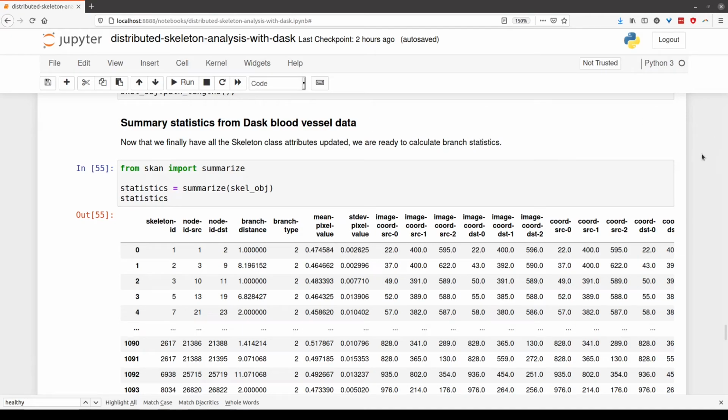So by using this trick where we initialize the skeleton object in Scan using some very small dummy data and then overriding each of the attributes with what it should be from the real data, we've been able to work around some of Scan's limitations because it's not quite set up for distributed analysis, and get to our final point here with the summary statistics from the blood vessel data in the lung.